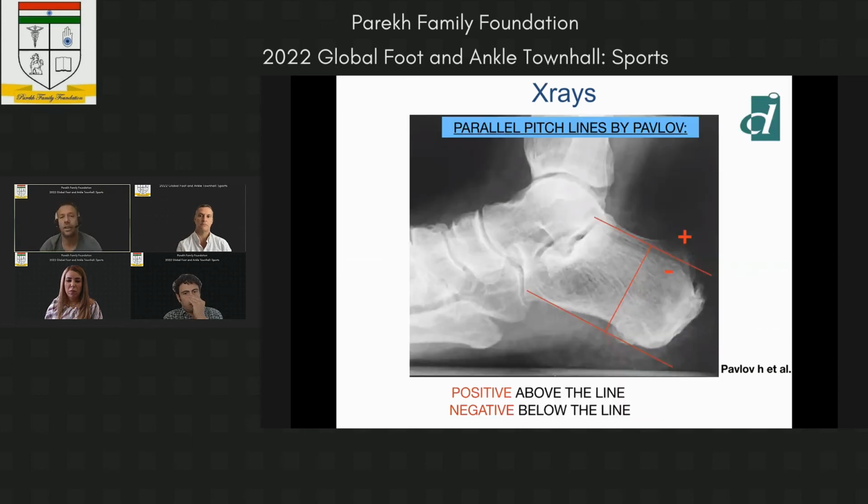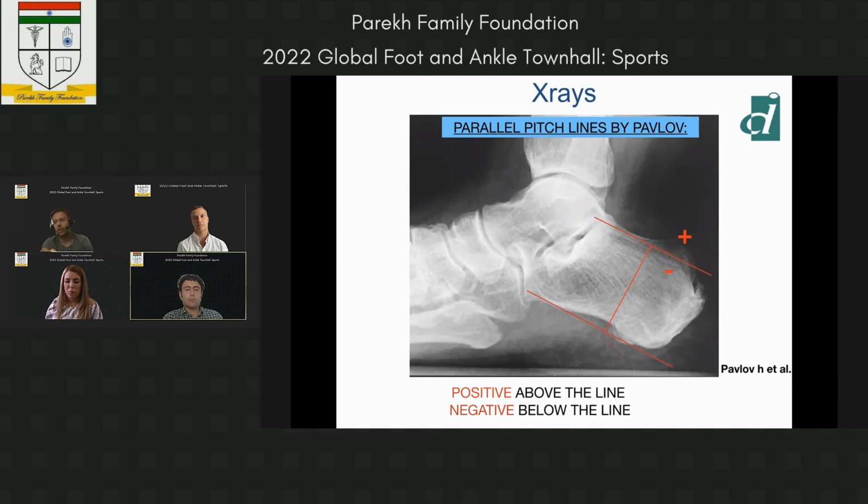There are lines that I try to look for in the x-rays, the parallel pitch lines by Pavlov. Here I have to draw two lines, one that goes along the most prominent portion of the plantar surface of the calcaneal tuberosity. The second line starts at the most posterior aspect of the subtalar posterior facet.